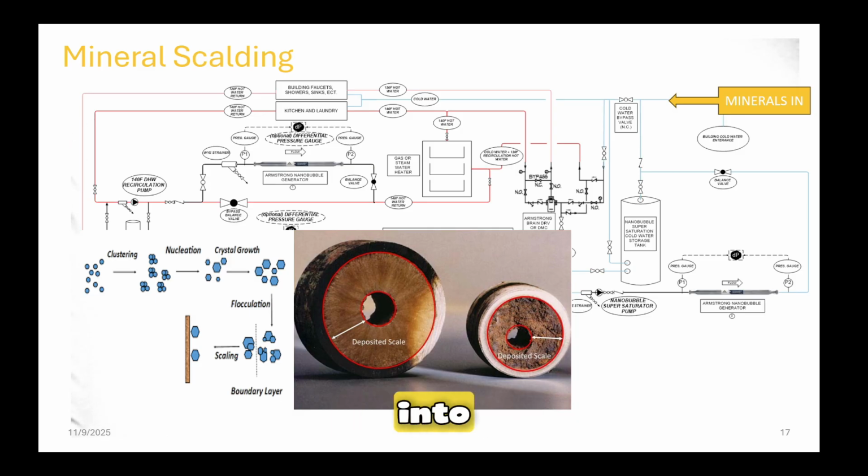Then we actually get into what we know as traditional scaling. These crystals then attach to the metal pipe and the heat exchanger surfaces of your water heaters, your mixing valves, and different things like that. They stick right onto the boundary layer, creating the hard limescale deposit.